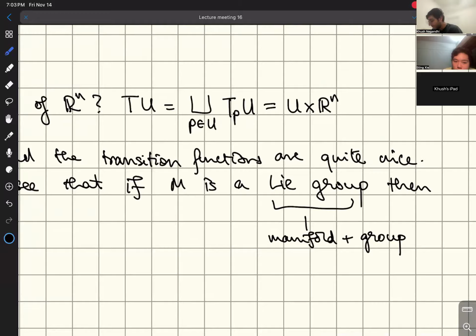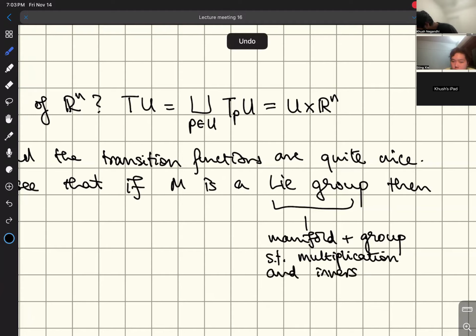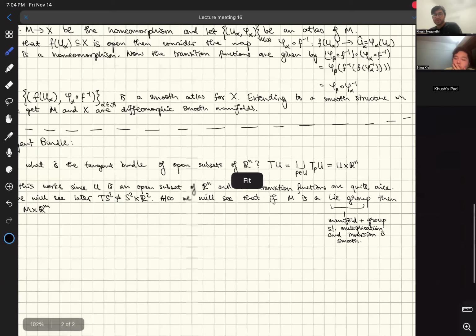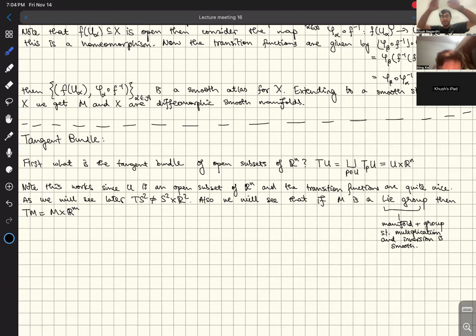Such that multiplication and inversion are smooth. So you have the multiplication map that takes two things and multiplies them, and you have the map that takes an element and gives you its inverse. If both of these maps are smooth, then your manifold is a Lie group. An example of a Lie group is R^n with addition, right?